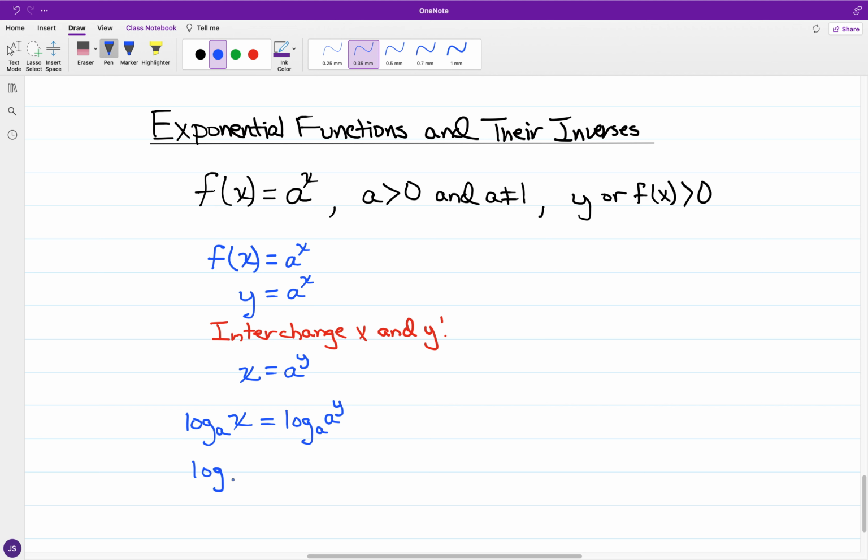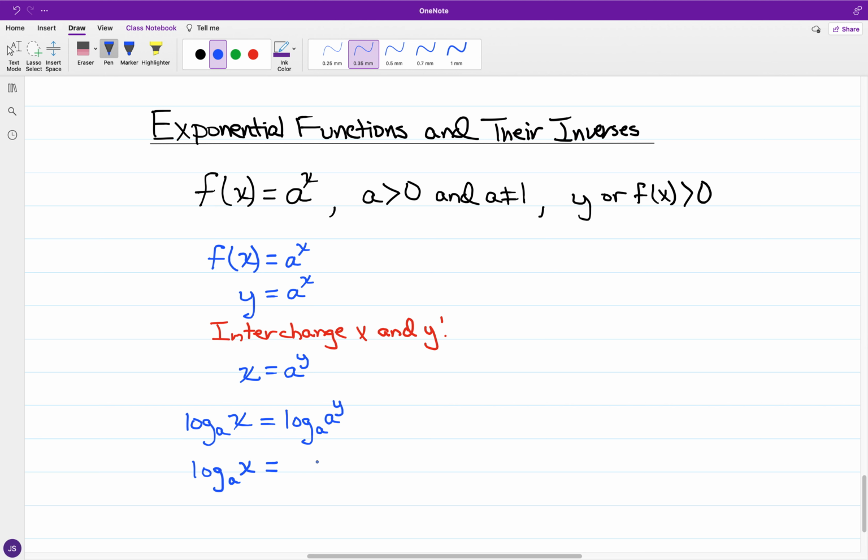So I've got the base a logarithm of x on the left. But now to the right, your base a log and exponential base a are essentially going to cancel each other out, and anything in the raised position as a power will be translated to direct terms.